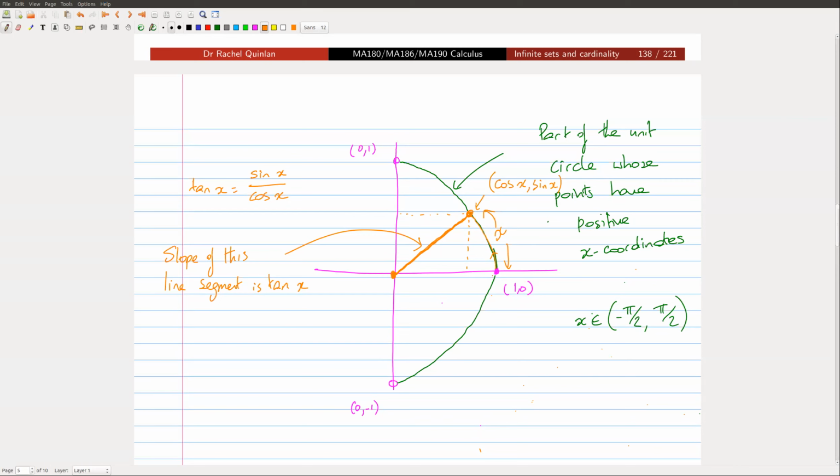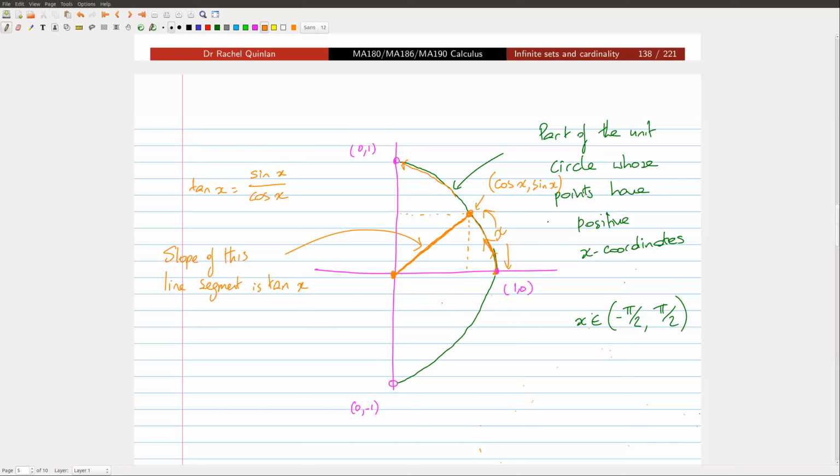And if you look at the slope of those line segments, when x is 0, you're looking at a horizontal line segment, the slope is 0. So the tan of 0 is 0. As you travel in the positive direction away from 0, the slope of that line increases from 0 continuously through all the positive real numbers, and it approaches infinity as you get up here towards pi over 2.